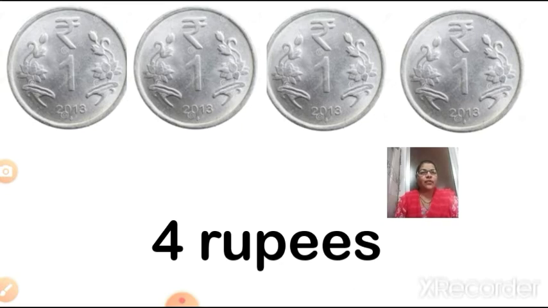We can see 4 coins of 1 rupee. So if you do the addition of 1 plus 1 plus 1 plus 1, it is equal to 4 rupees. Now we have 4 rupees altogether.